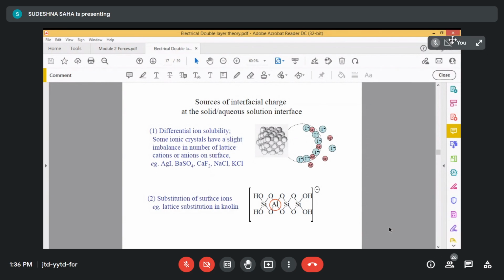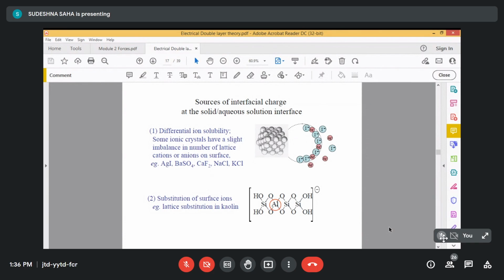The first one written here is differential ion solubility. Some ionic crystals have a slight imbalance in the number of lattice cations or anions on the surface, and depending on that, you generate a certain amount of charge on the surface of these particles.